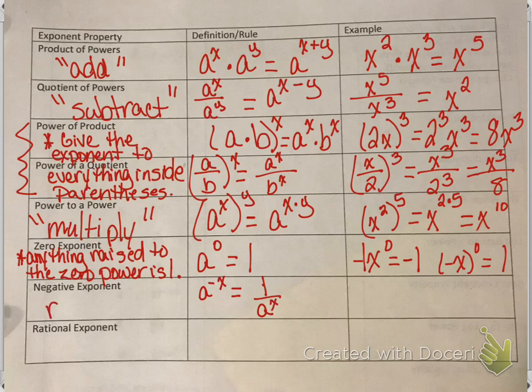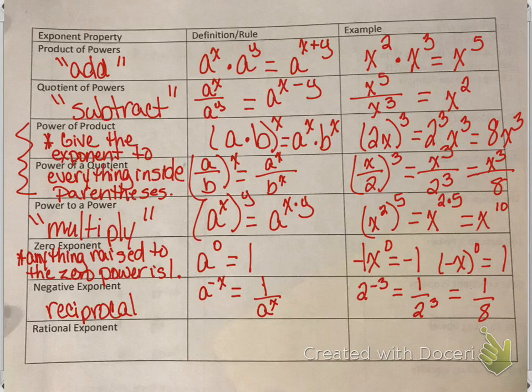So these are reciprocals. That's our key word right there. Reciprocal. Okay? You move it to the denominator. So if I have 2 to the negative 3rd power, that's the same thing as 1 over 2 to the 3rd power, which is 1 over 8.